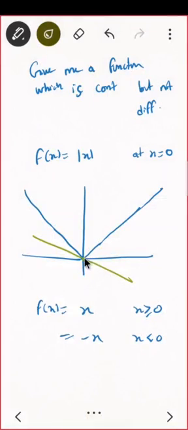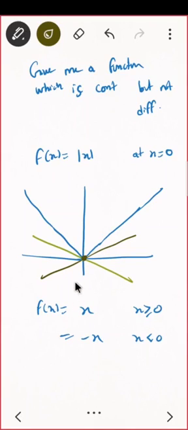Correct? Can I give this guy also as a tangent? Because what is the condition of the tangent? What is the definition of tangent? It should just touch at your point. So they are touching, not touching anywhere else, just touching at that point, at the origin. Do you see?